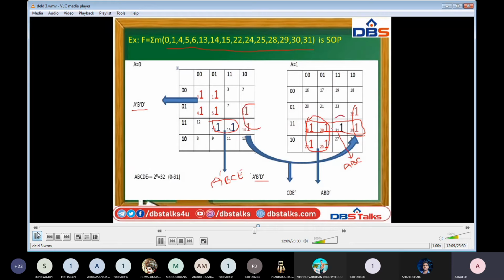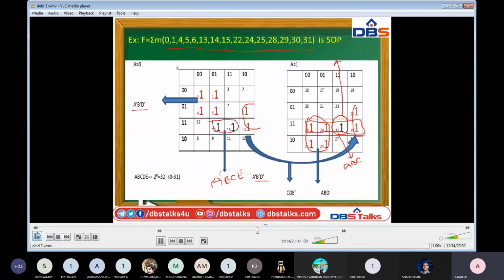So only this one is left alone. So if I take that one singularly, then I have to connect 5 literals. For example, A equals to 1, B equals to 1, C equals to 1, D equals to 1 and E equals to 1. That means A, B, C, D, E.